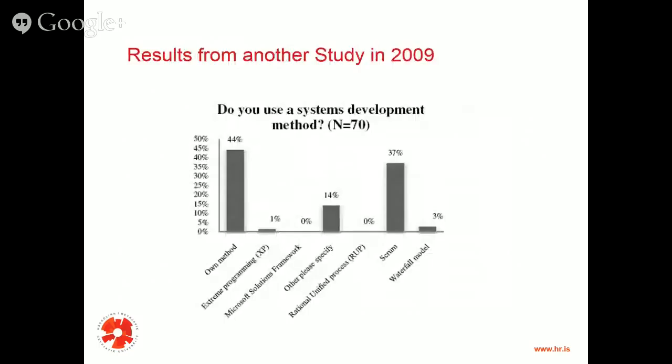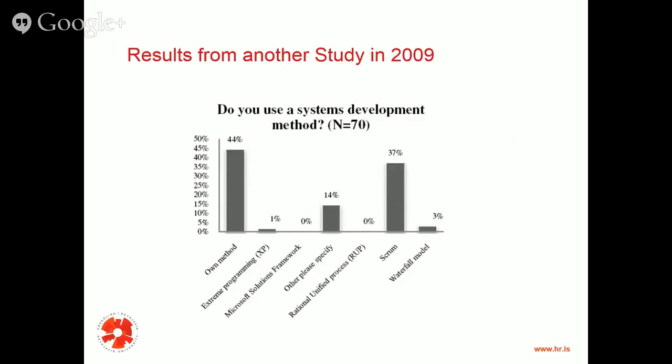So these are the processes that they were using. This is just how they organized the project. And at this time, in 2009, 37% of the respondents were using Scrum, which is an agile project management process. 44% were using their own process, like they decided or defined their way of working themselves.